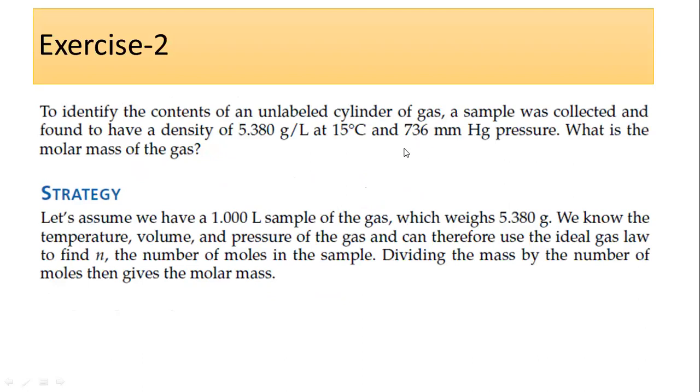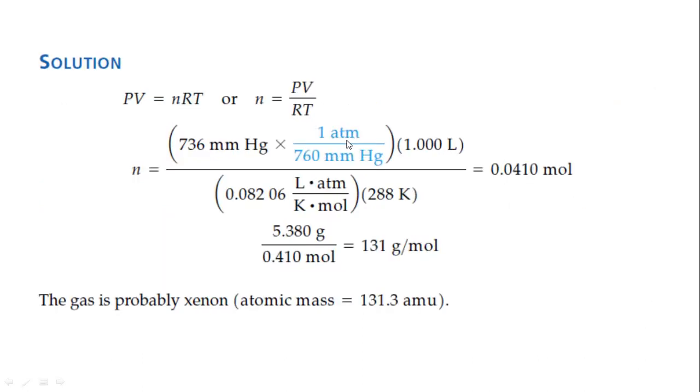The temperature given over here is 15 degrees centigrade, and you have to convert it to Kelvin. Now Kelvin cancels out, liter cancels out, atmosphere cancels out. What is left? The number of moles is left. So the value is 0.0410 moles.